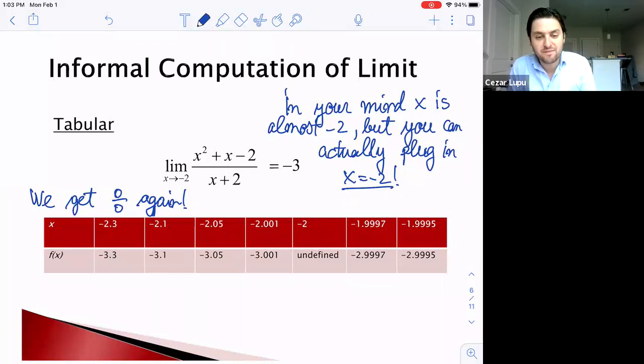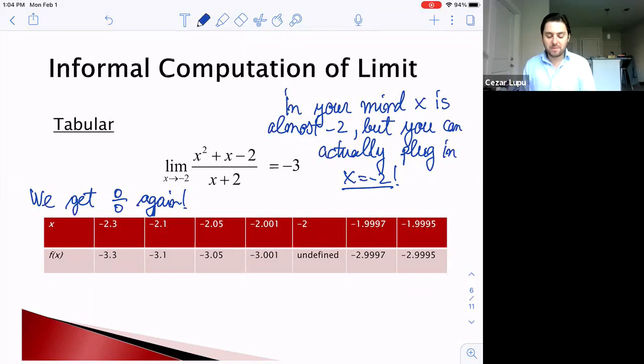And when I do the same thing for -2.05, so I'm very, very close to -2 at this point, I'll get f of x to be -3.05, sorry. And also when I plug in -2.001, I'll get -3.001. Wow, very, very close.